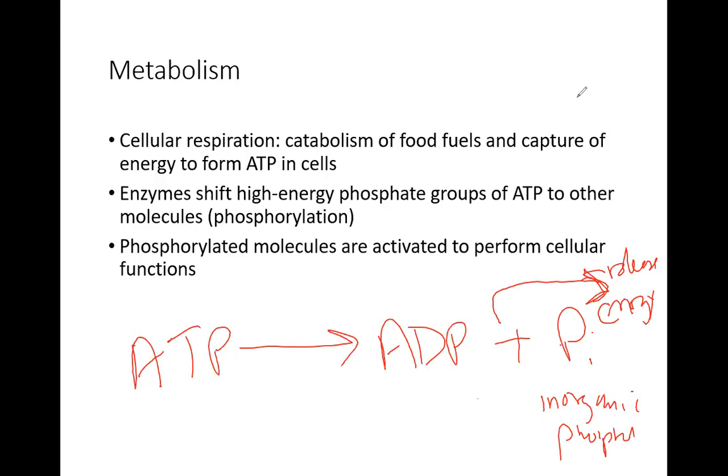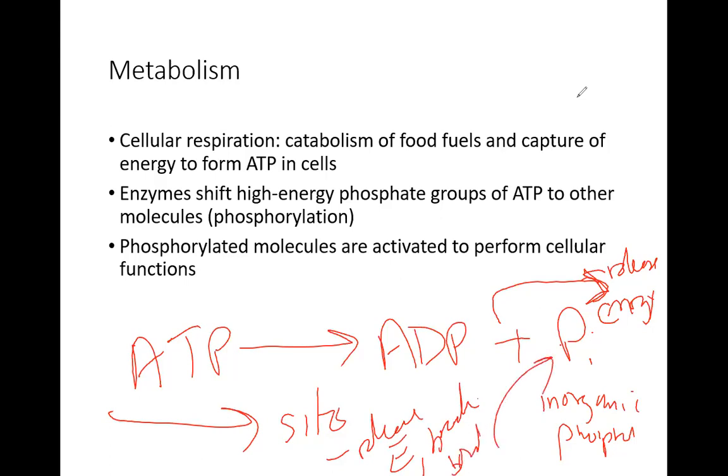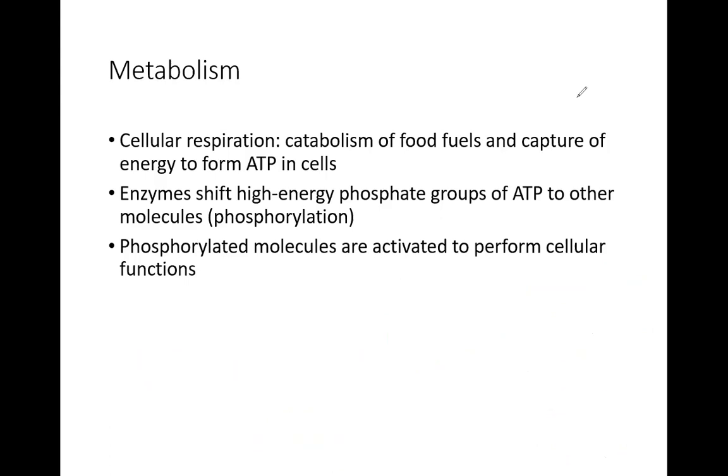So in most of our chemical reactions that require energy, we will bring an ATP to the site, release energy, break the bond, and release the phosphate. The whole process of using ATP involves putting the third phosphate on or taking the third phosphate off.